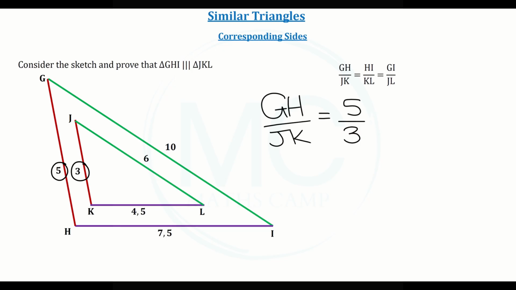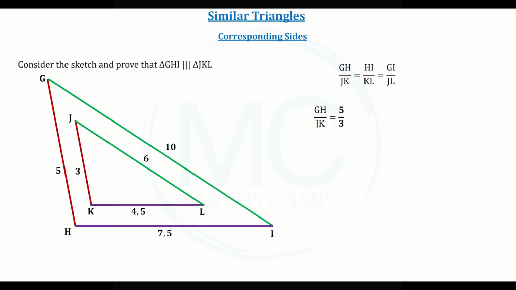This fraction cannot be simplified, so let's leave this as it is. Now let's look at HI, the purple side of the longer triangle, and KL, the corresponding side of the smaller triangle. So we can say HI over KL.